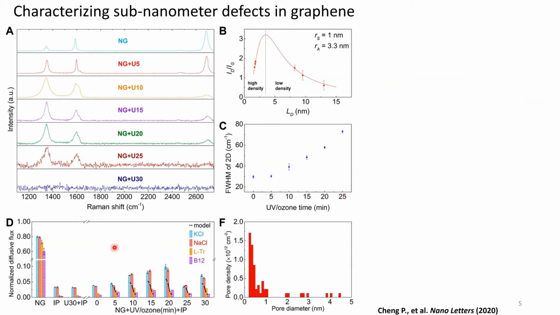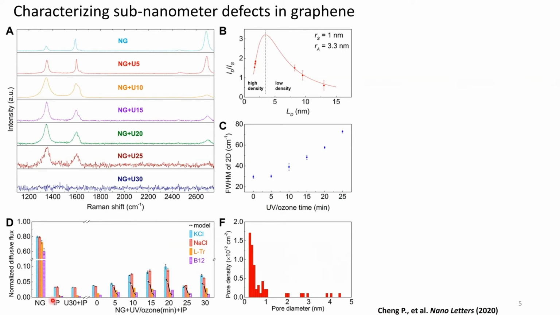What we then do is take these membranes and measure diffusion through them after interfacial polymerization. So initially here you see diffusion measured just on the nanoporous graphene on polycarbonate track-etch supports. After IP, what you're seeing is that basically all of the analyte flows drop.